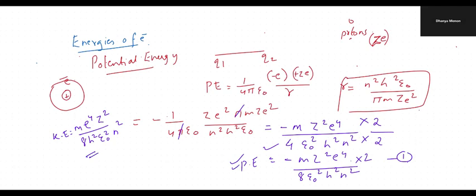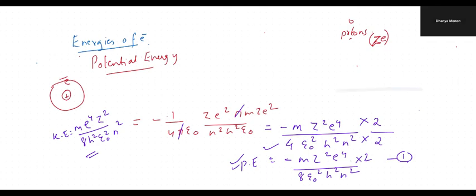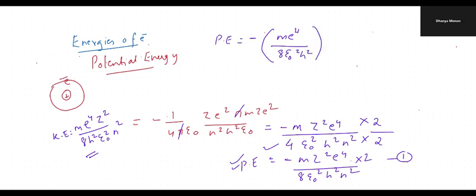So I'm going to gather the common terms together so that it's easy to identify. Potential energy equals minus m e raised to 4 by 8 epsilon naught square h square, and Z square is not common, n square times 2.